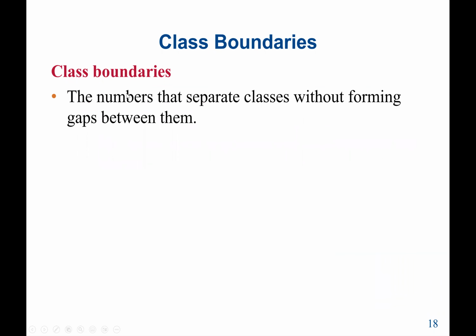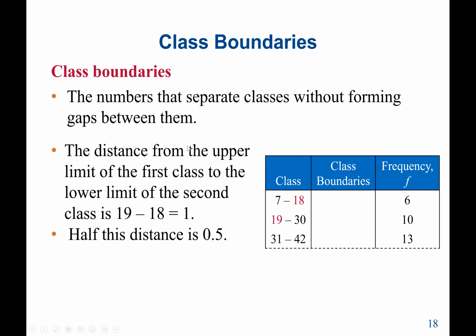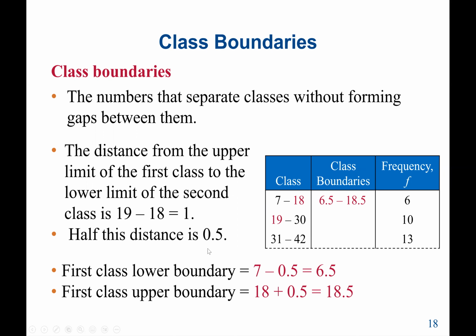So first we're going to find what we call the class boundaries. The class boundaries are the numbers that separate the classes without forming gaps between them. So how do we find them? It is the distance from the upper limit of the first class, in this case 18, to the lower limit of the second class, 19. The difference between 18 and 19 is 1. Half this distance is 0.5.